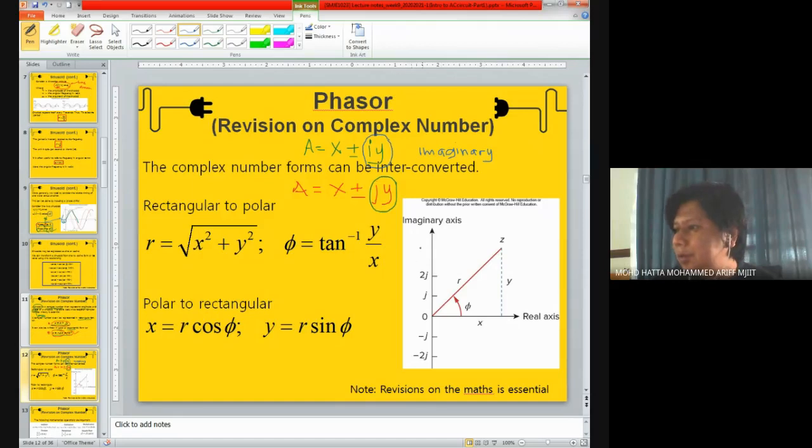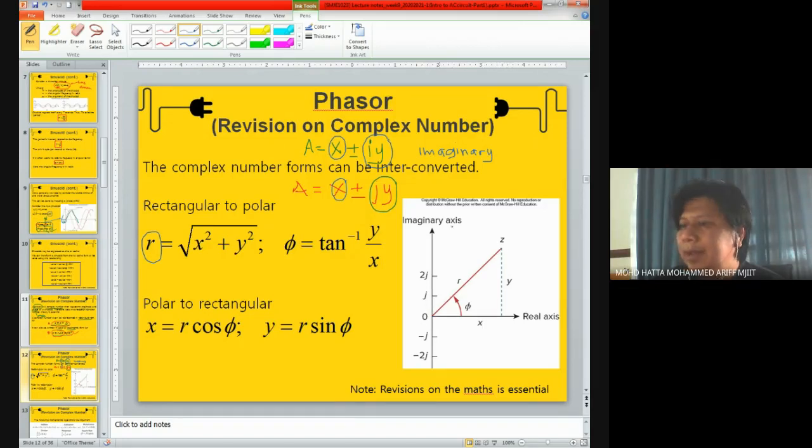Okay, so that's why we have imaginary axis here, we have real axis over here, and this X is basically the real part or the real axis value. And if you have this form of complex number, or rectangular form, you can convert into a polar form, where what we need to have is the radius, the diagonal line you see over here.